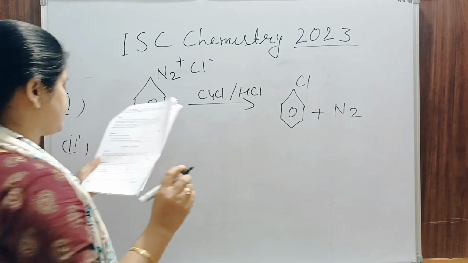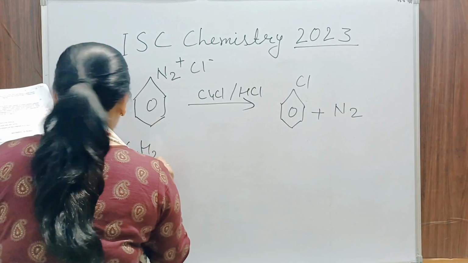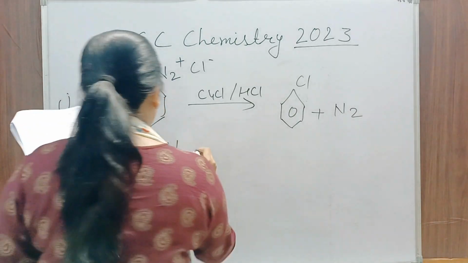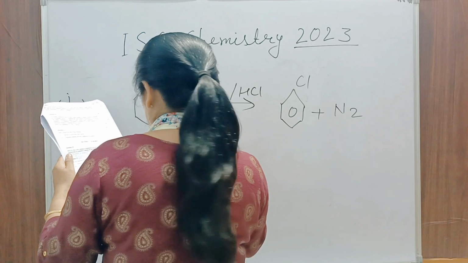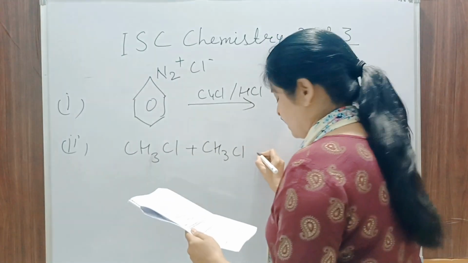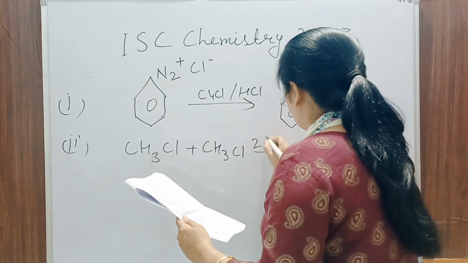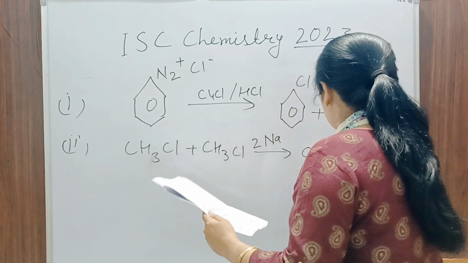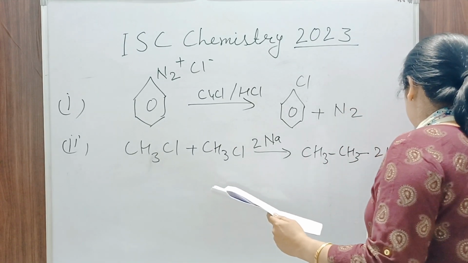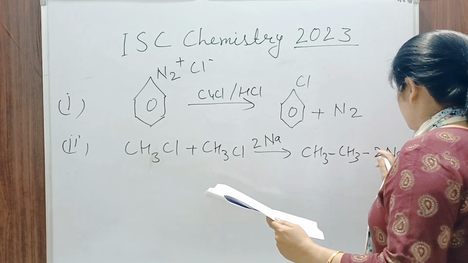Then question number 2, Wurtz reaction. In the Wurtz reaction we can take any type of alkyl halide. CH3Cl, methyl chloride, suppose I am taking. CH3Cl again. Then when we give 2Na, we get CH3CH3 plus 2NaCl. So that is the Wurtz reaction.